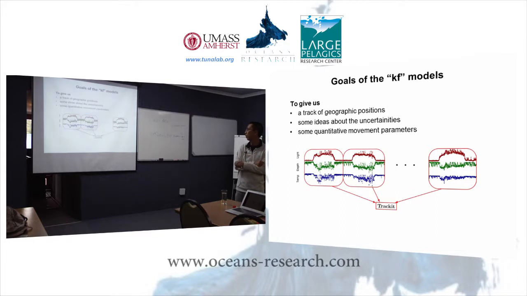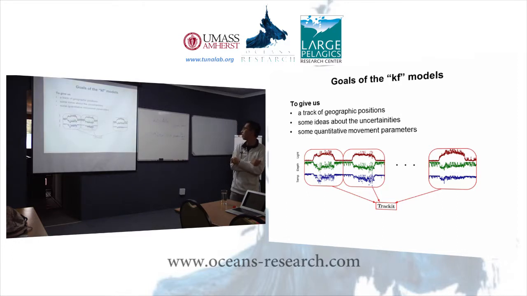Recovered pop-up tags will give you the same set of data, but you can work with just that small chunk of light data transmitted by pop-up tags from Wildlife Computers. So a part of these curves can be used to run Trackit, but you still need the light data. If you don't have light data coming out from your tag, then you're done. You have to rely on the previous methods.